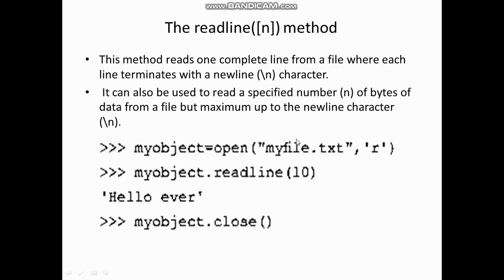Look at this sample code. This file is opened for reading purposes, and you are mentioning that 10 bytes of data are to be read from this myfile. Now 10 characters are read from this file called myfile, which is a text file.